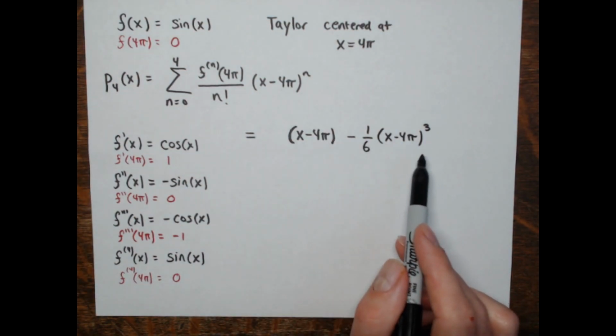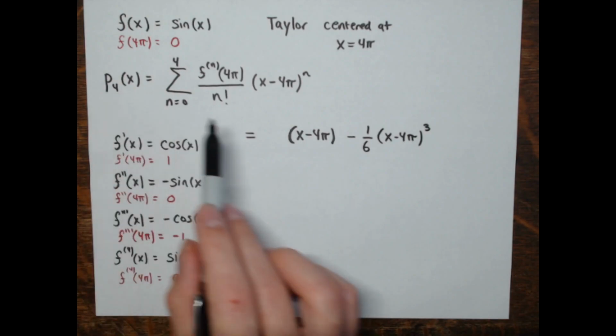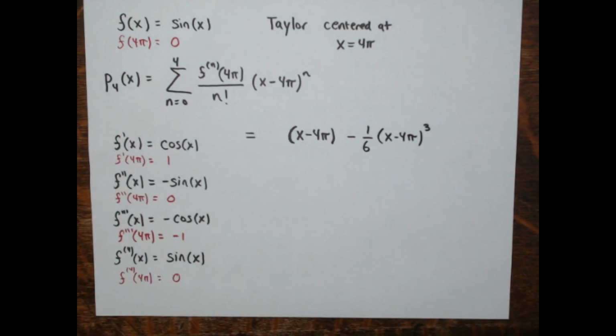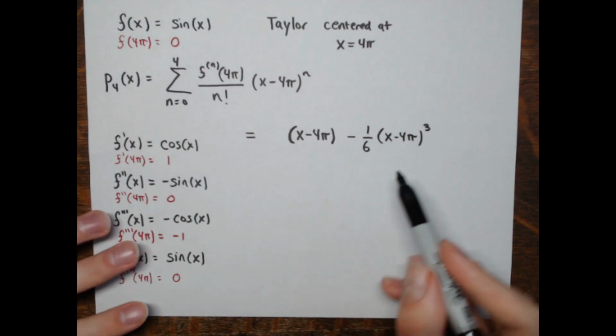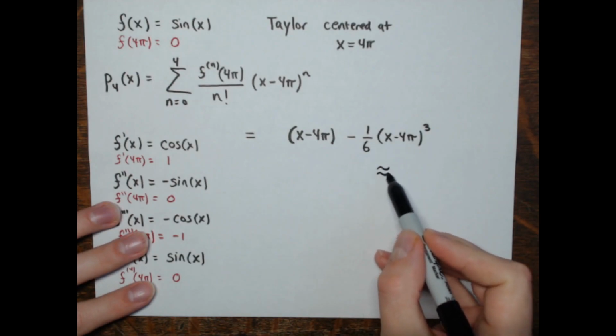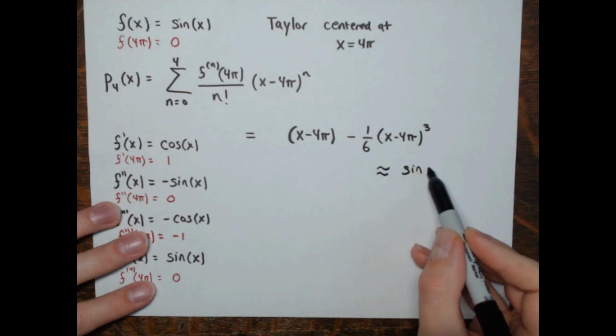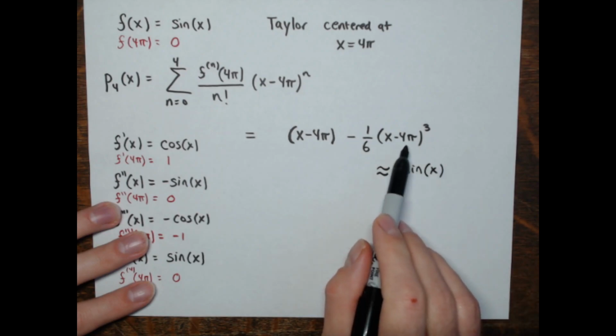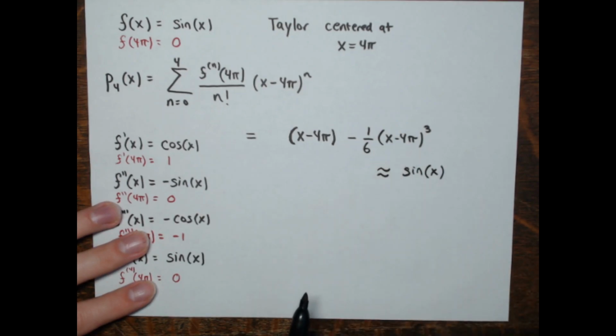So that's it. Like I said, the fourth degree polynomial here is the same as the third degree because the coefficient of the fourth power is 0. And this should be approximately equal to the sine of x when we're near 4 pi.